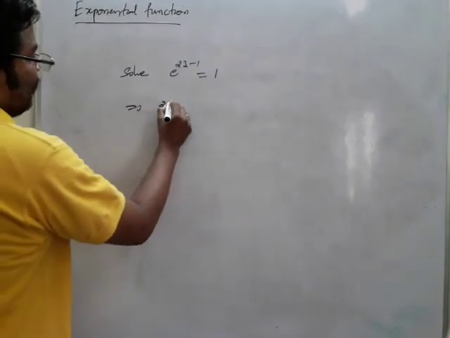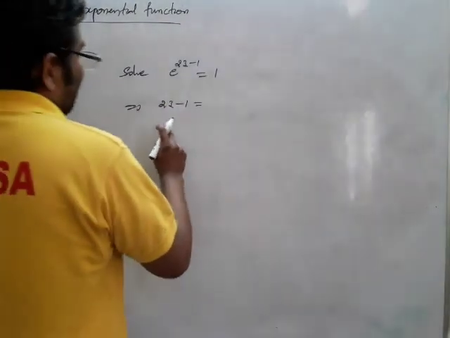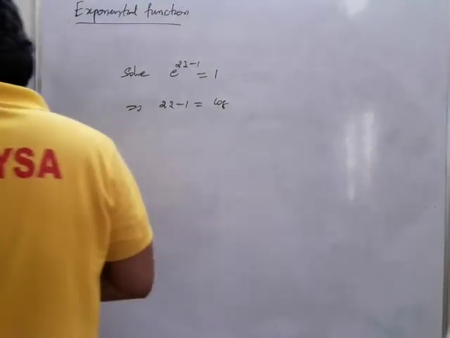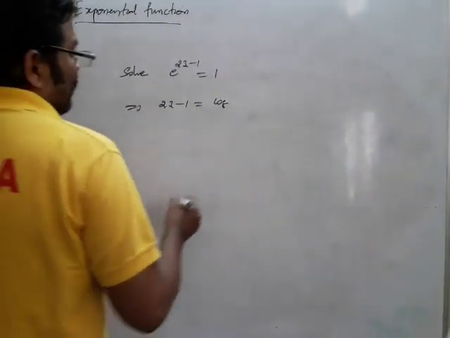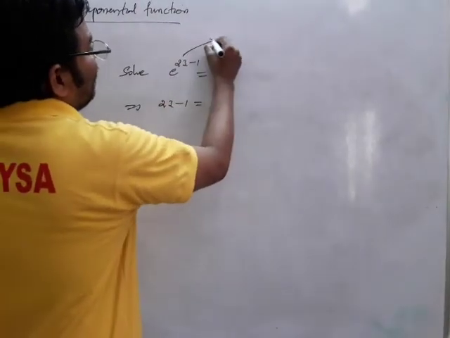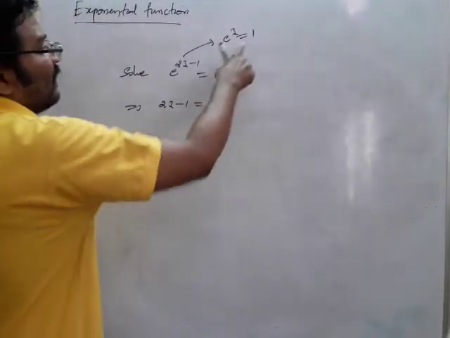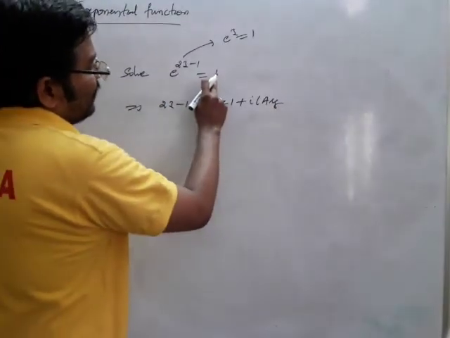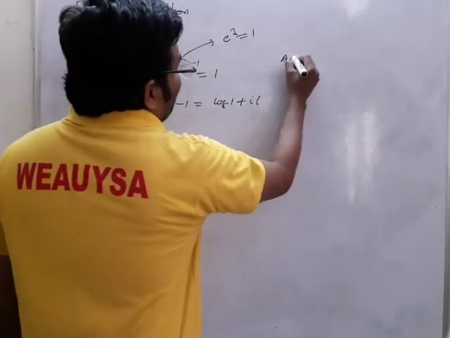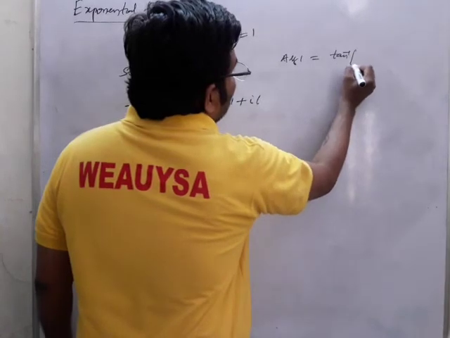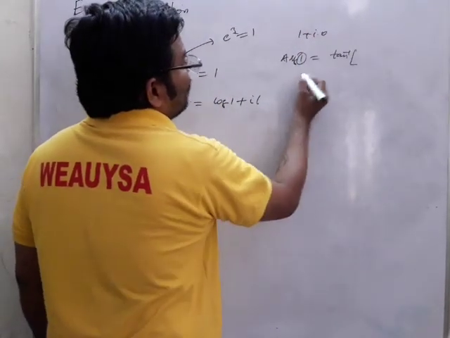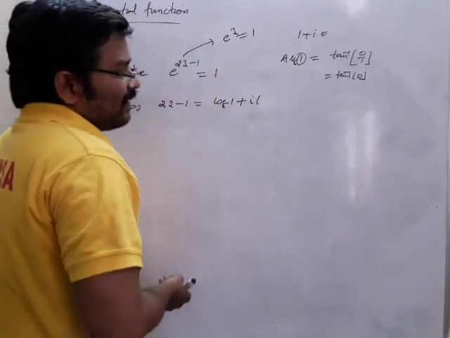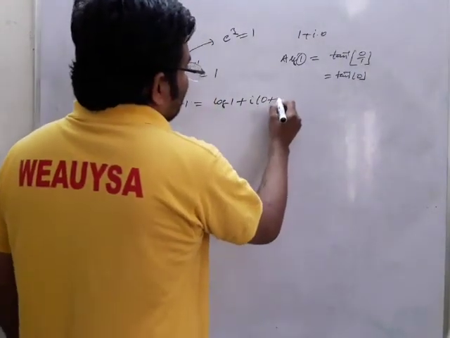So 2z minus 1 is equal to log 1 plus i into the argument of 1, in the form e power w equal to 1. The argument of 1, that is 1 plus i into 0, is tan inverse of 0 by 1, which is tan inverse 0, and tan 0 is 0. So you will be getting 0 plus 2n pi.